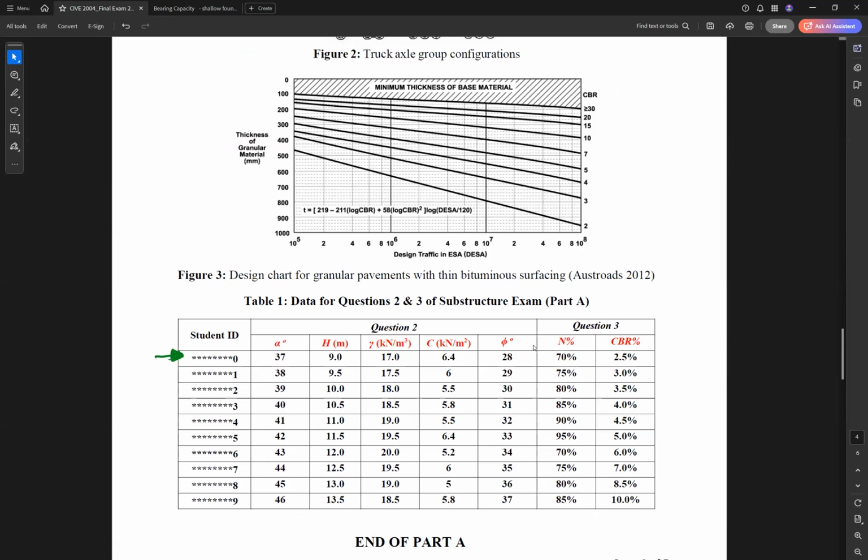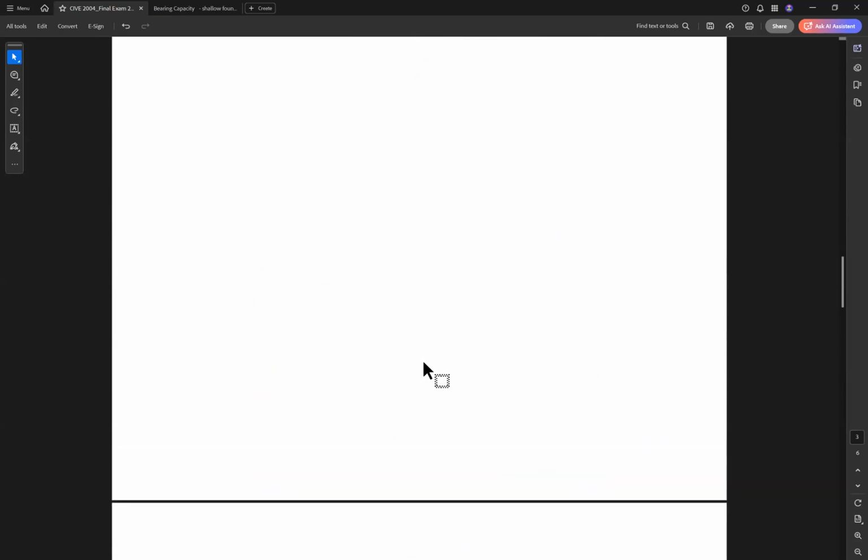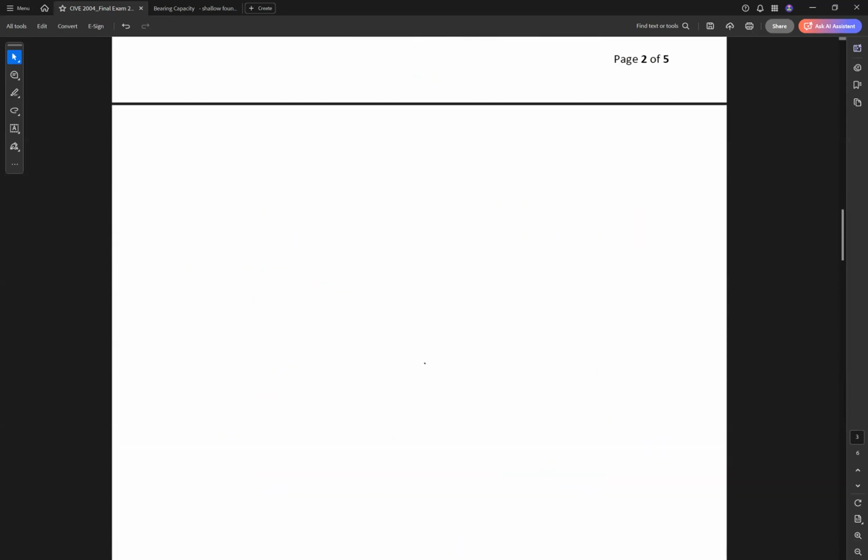For example, let's assume the first set of parameters. How much is alpha? 37, H is 9. So if we use these parameters for our example, alpha is 37, H is 9, and then phi, gamma and C. Let's go back to see them.